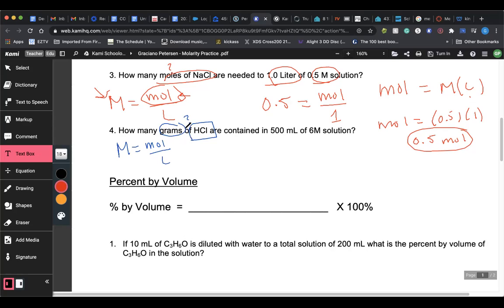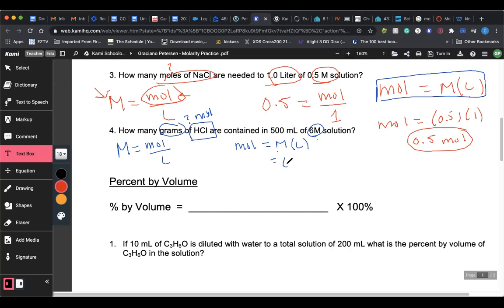So really when it's asking us for grams, the first step to find grams is to find the moles, right? So that means the moles is what's missing and we have everything else. So we're going to rearrange our formula the same way we did before, where moles is equal to the molarity times the liters. So we have the molarity, right? The molarity is 6.